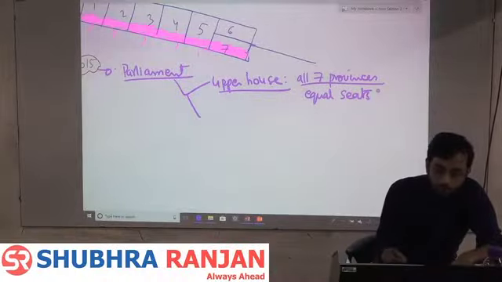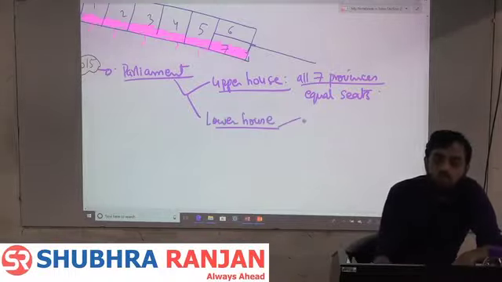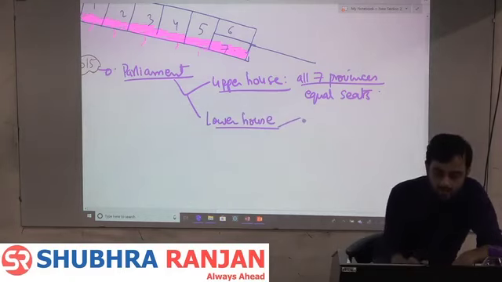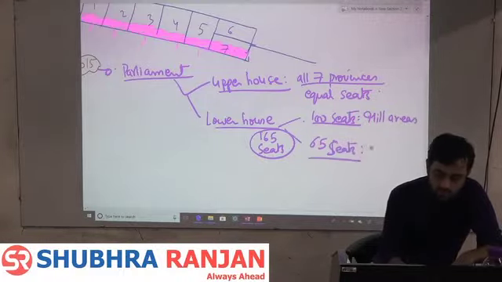Okay. Whereas in the lower house, what is going to be there? That there were a total of 165 seats, but 100 seats of the 165 seats would be in the hill areas and only 65 seats in the plains.